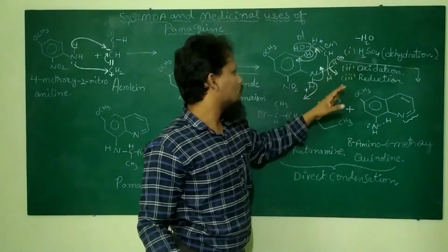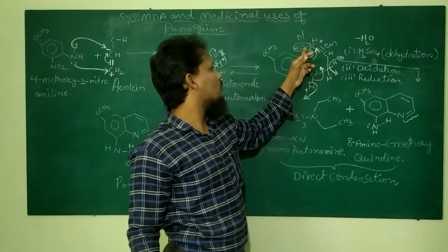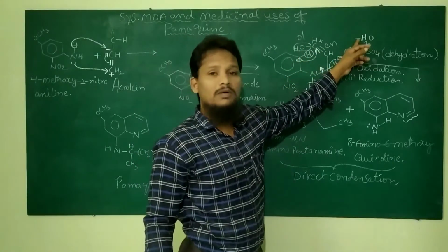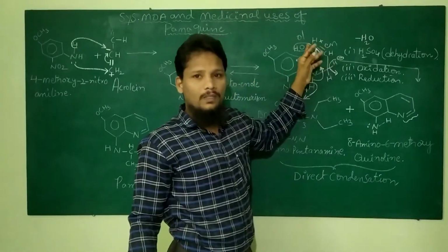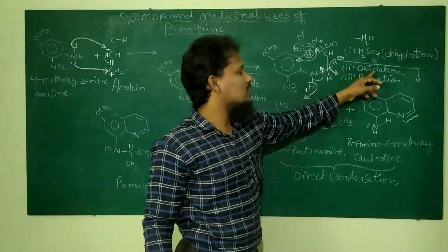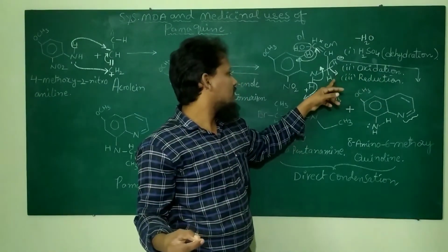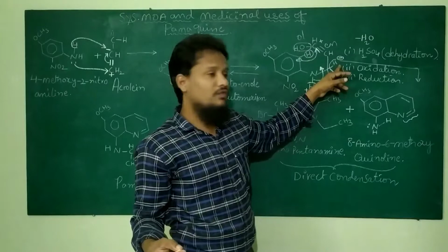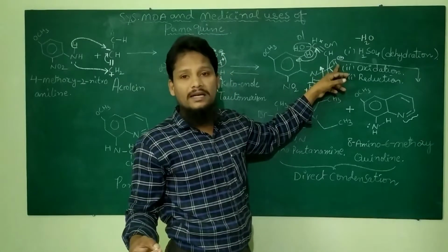Okay, so there are three steps. First one is dehydration. We are eliminating the hydroxyl group and the hydrogen as a water molecule. So it is a ring closure reaction. The ring gets closed. The next step is oxidation, meaning the addition of oxygens or elimination of hydrogens. So we are selecting the elimination of hydrogens. From the nitrogen one H and from the carbon one hydride ion.